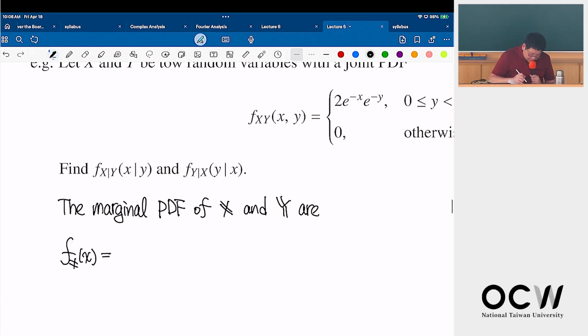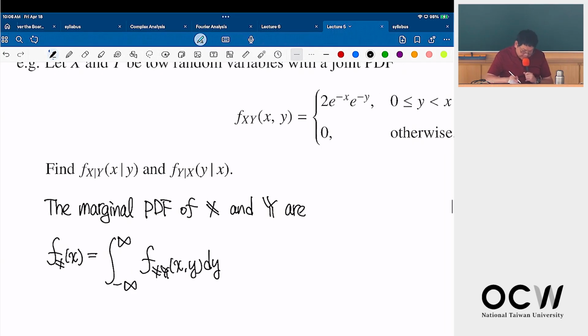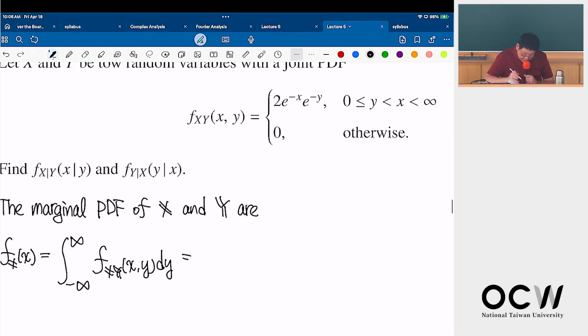For the marginal PDF of x, I don't need y, so I will integrate y out. So I have an integration of the joint PDF with respect to y. For y, the bound is from 0 to x.